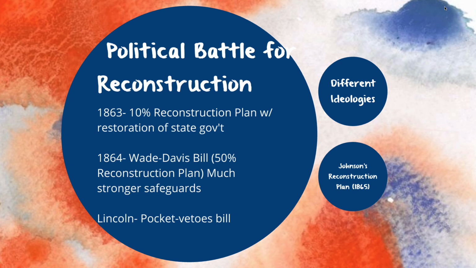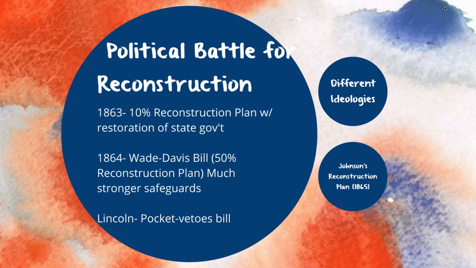They want 50% of the population to recognize the U.S. Constitution. They want stronger safeguards to protect former slaves. They want a plan that is going to protect the freedom of blacks, of former slaves. So they don't think that Lincoln's 10% plan goes far enough.